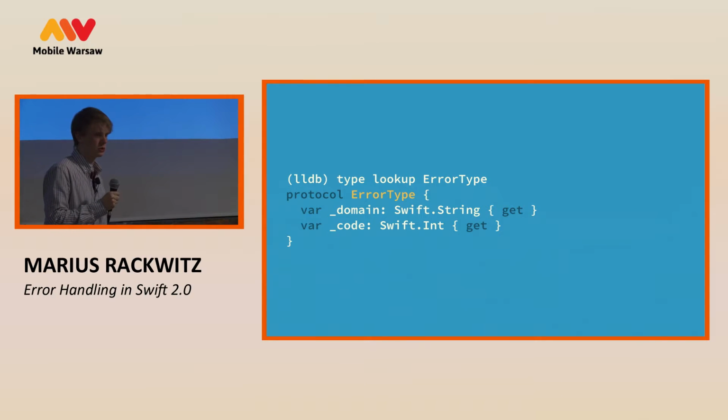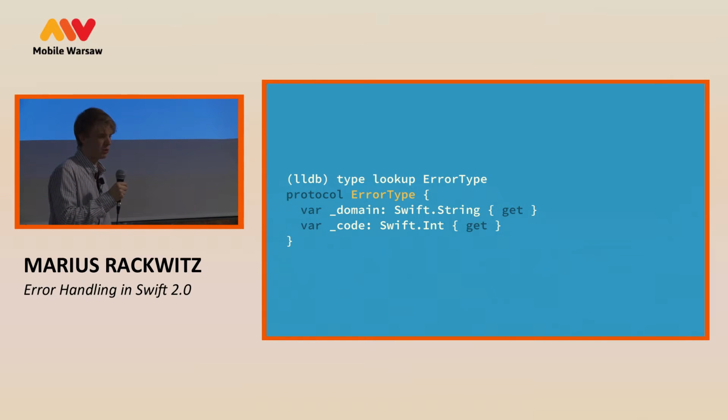And those two properties are needed for the Objective-C compatibility, because you can bridge an Error type to an NSError. And NSError has at least those two necessary properties, domain and code. There's also the field userInfo, you may remember, for whoever has an Objective-C background. But you have to have both of those.